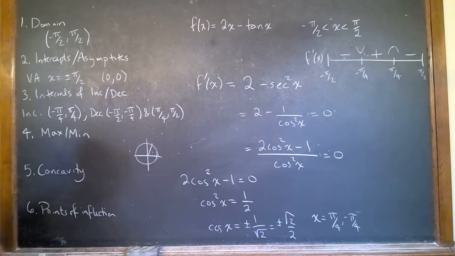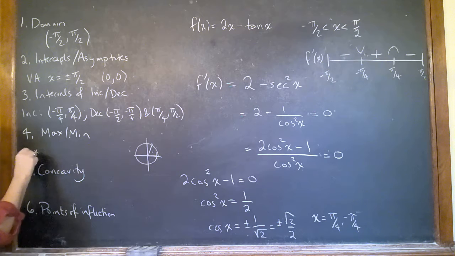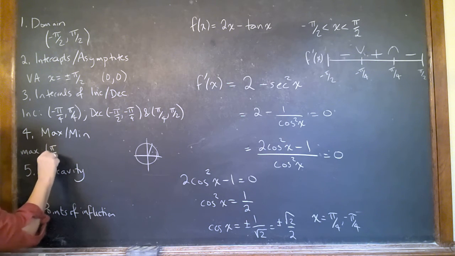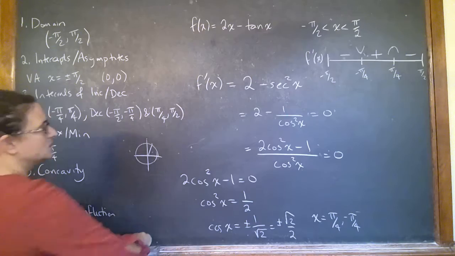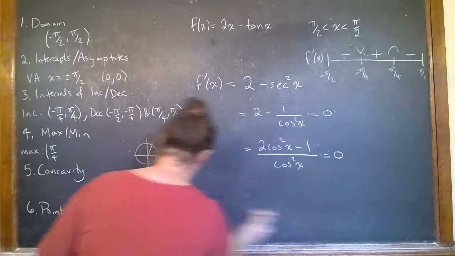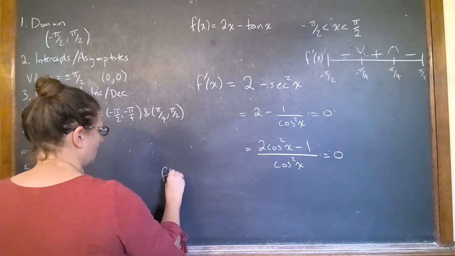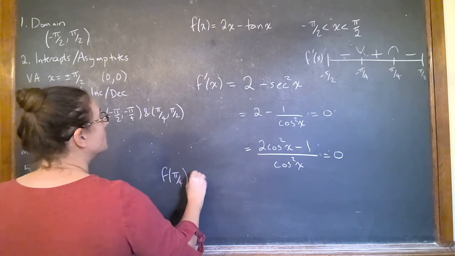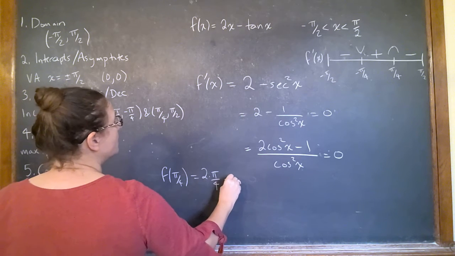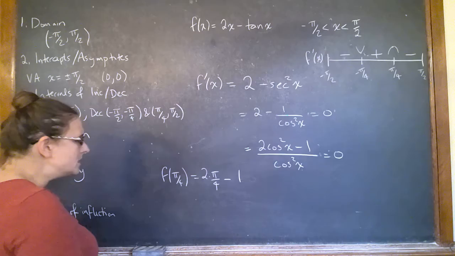Now my maximum looks like it's happening at pi over 4. So let's see what the value is there. F of pi over 4 is 2 times pi over 4 minus tangent of pi over 4, which is 1.